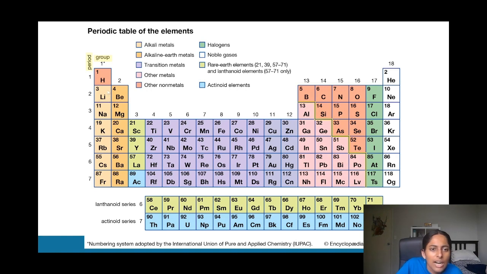For example, these are your alkali metals and these are your alkaline earth metals. You have your transition metals over here. You also have a bunch of other metals over here that are not really categorized. And these are your nonmetals. To further specify, group 7 is halogens, and group 8 is your noble gases. Noble gases are stable.